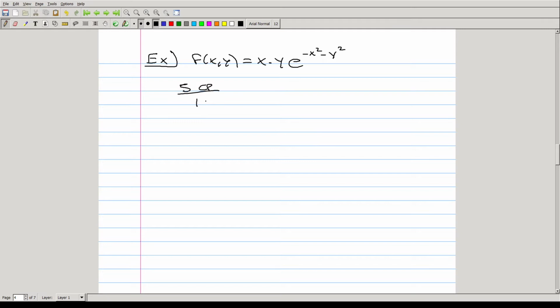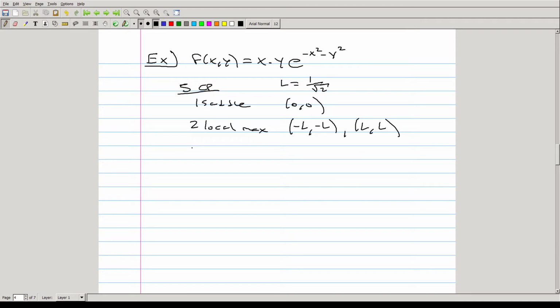One saddle point at 0, 0, 2 local max at negative L, negative L, and L, comma L, where L here is 1 over the square root of 2.